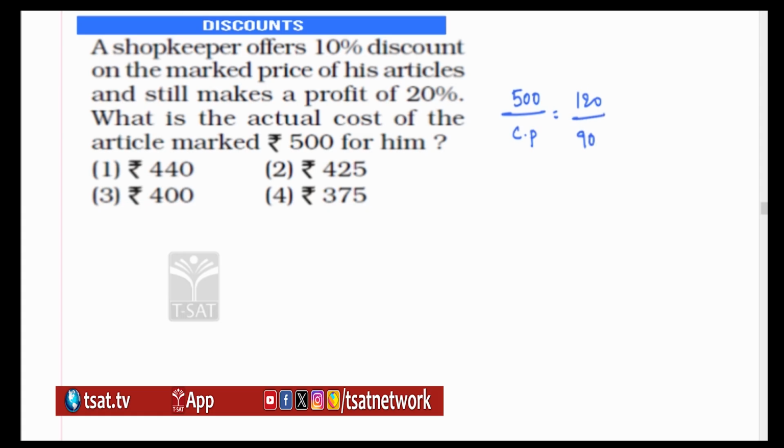The formula that we are using is MP by CP is equal to 100 plus profit by 100 minus discount. 3s, 4s. Therefore, CP is equal to 125 into 3, 375 rupees.